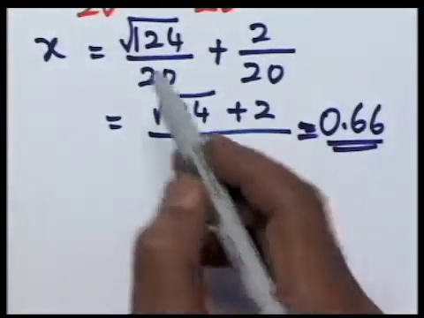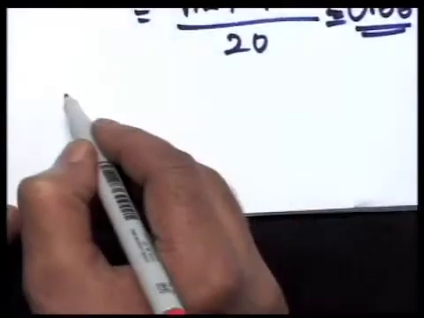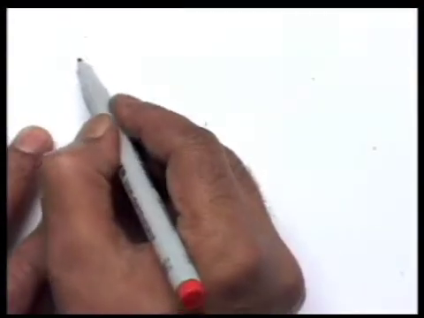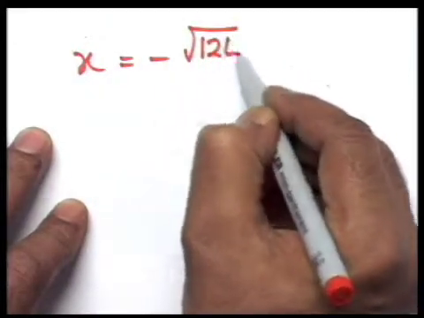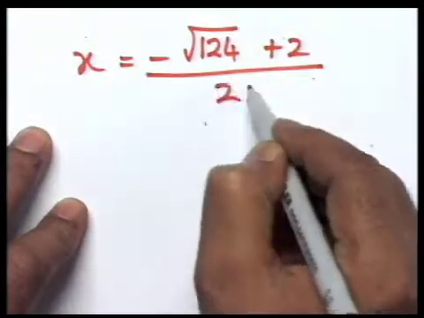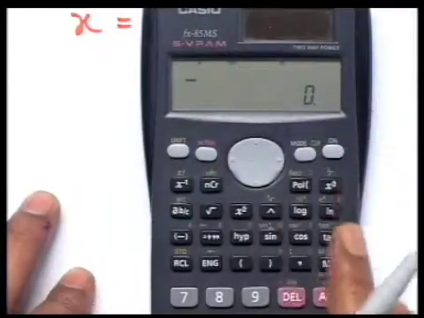Now we use the same method again, but we take a minus there. So we get x equals, maybe we'll do it on the next page here. x equals, we have minus root 124. Of course, it will be a plus 2 on top, divided by 20. Once again, we use the calculator.